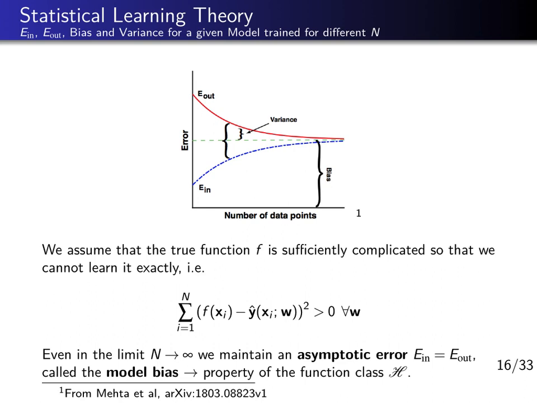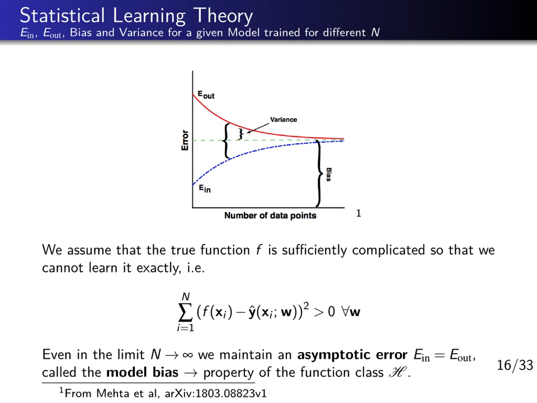We assume here, furthermore, that there is a finite error even when we go to infinitely many data points. So that is assuming that our hypothesis set, so the functions that we can represent, is not perfect. And that means even if we train with infinitely many data points, we will still not match the true function f perfectly.